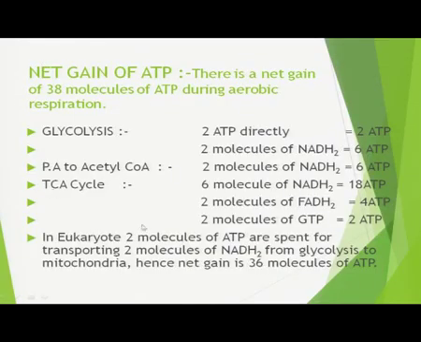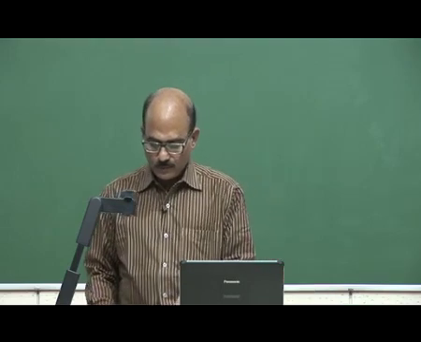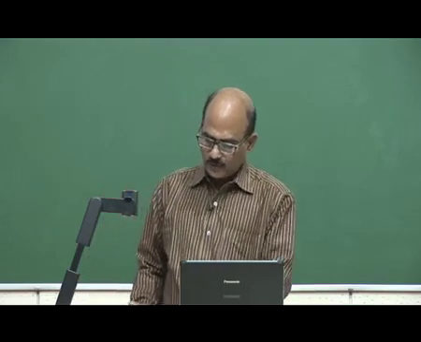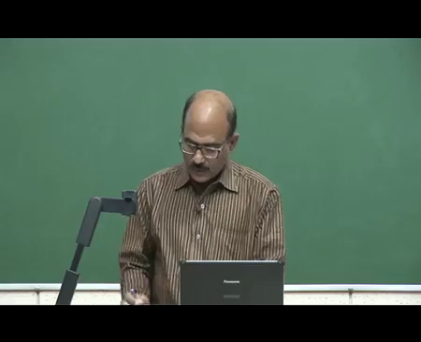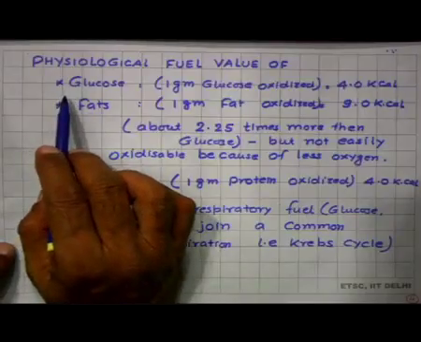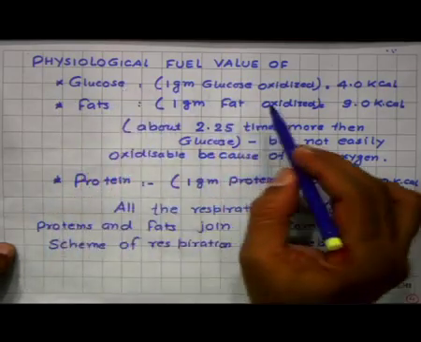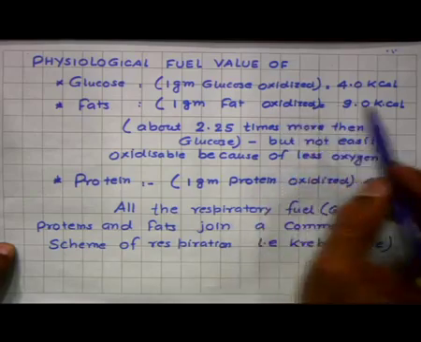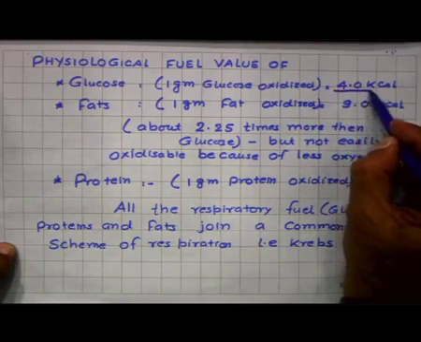Now, these are the various stages where the ATP is formed and where these ATP are used for further reactions. Now, the physiological value of fuels are different for different types of fuels. We know that when glucose is oxidized, 1 gram of glucose gives 4 kilocalorie energy.